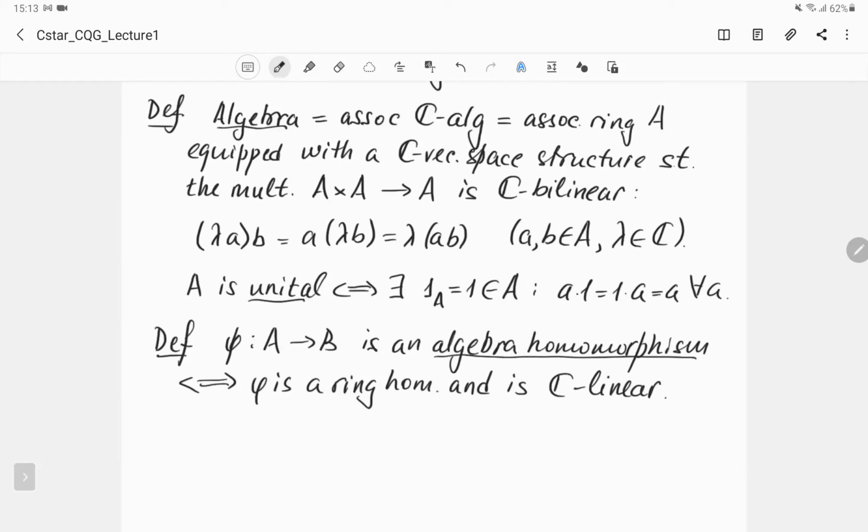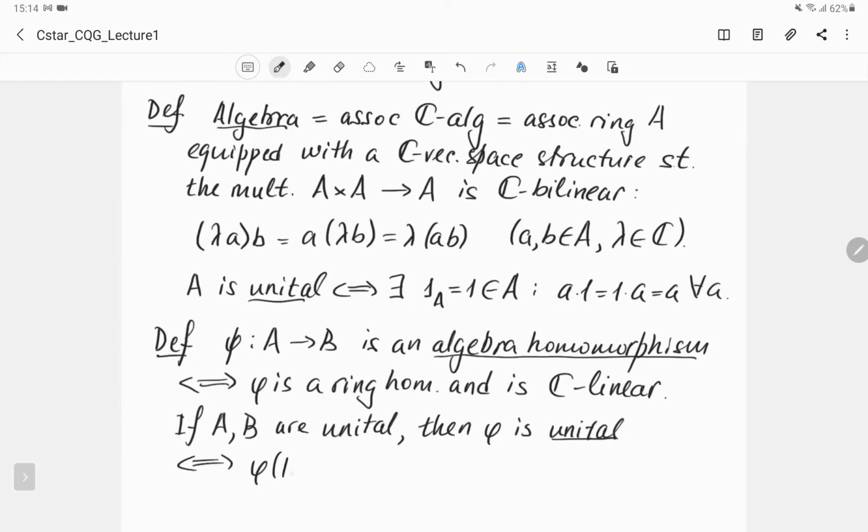If A and B are unital, then it is natural to consider those homomorphisms which take the identity to the identity. Such a homomorphism is called a unital homomorphism. So if A and B are unital, then we say that phi is unital if it takes the identity of A to the identity of B.